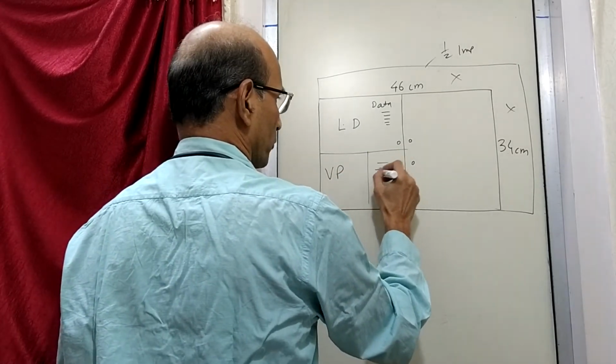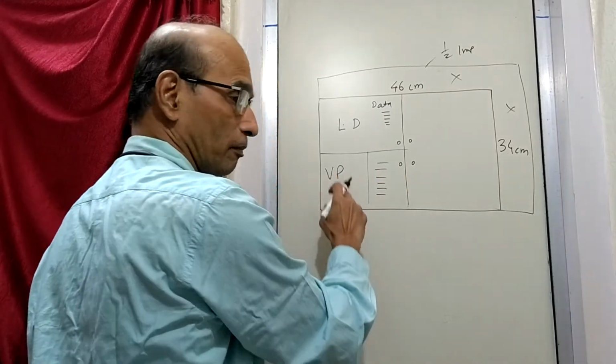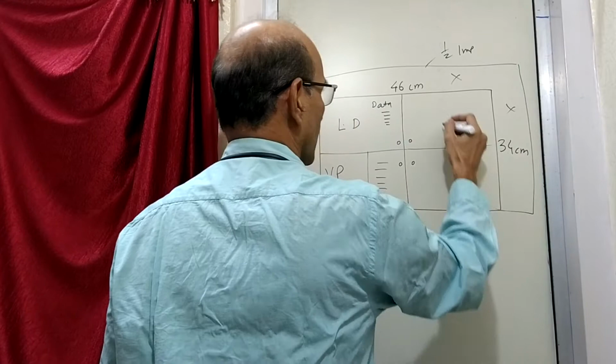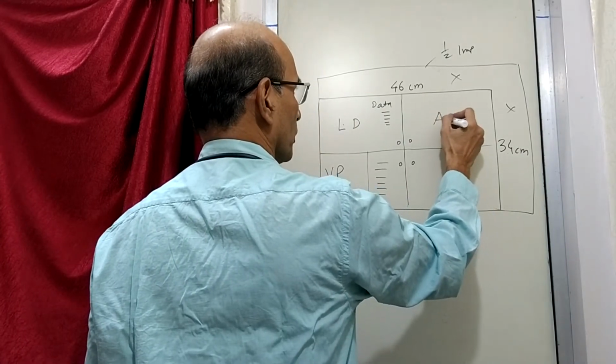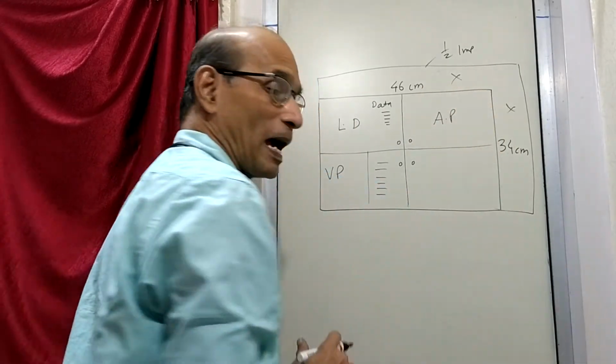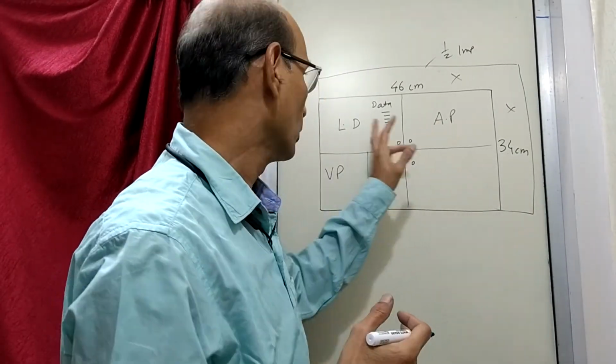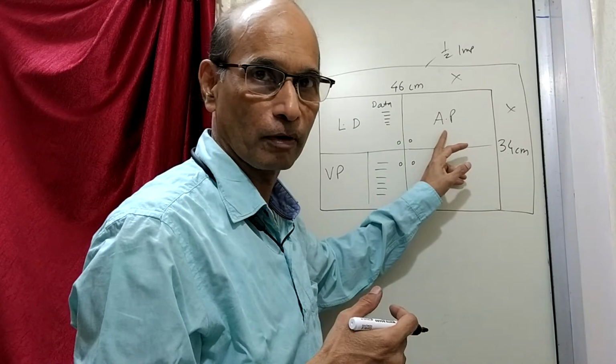Then you start the write-up corresponding to the velocity polygon from here. On this side, keep this upper space for the acceleration polygon, which we have to learn. We have not yet started that. But on this problem, the acceleration polygon we can draw from here.